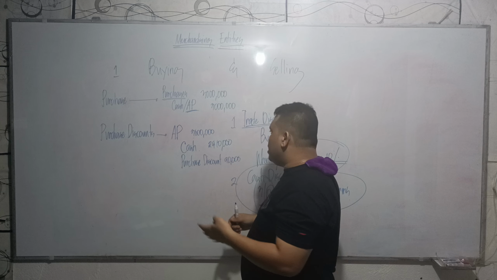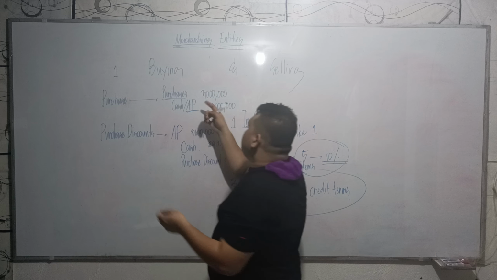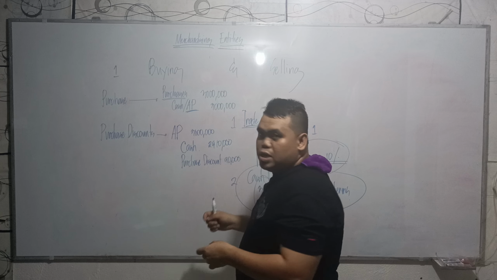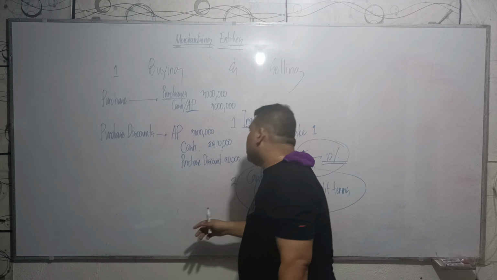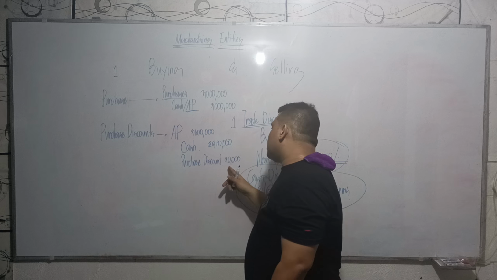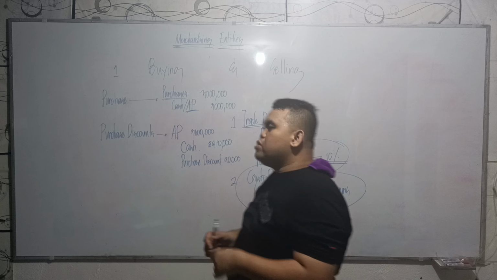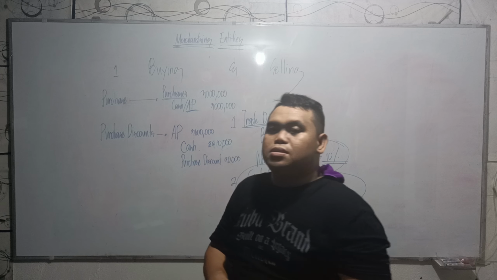So that's 2,910,000. Because your purchases, this is considered as the gross purchases, before any deductions, before the purchase discounts. So 3 million minus the purchase discount of 90,000, and you will have 2,910,000 as the net purchases.